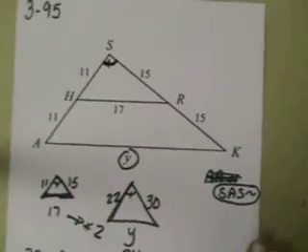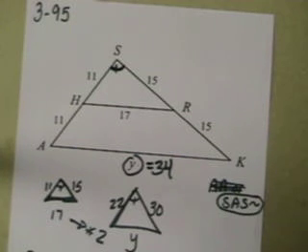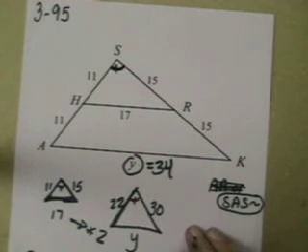Now you know that this is equal to 34. Now we want to show that they are parallel.